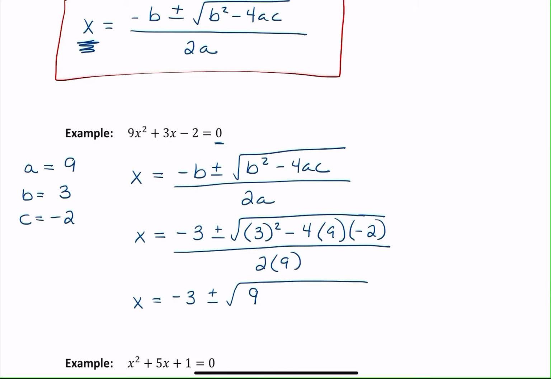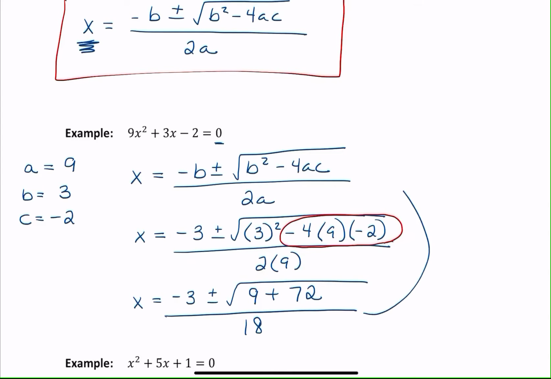And then I've got the product of negative 4ac. So if I have a negative and a negative, that's going to give me a positive. And then I've got 4 times 9 is 36, times 2 is 72. And then that's all over 2a, which is going to be 18.